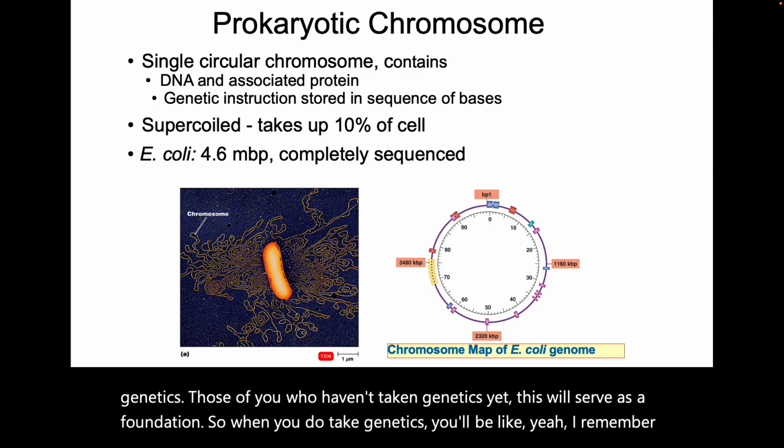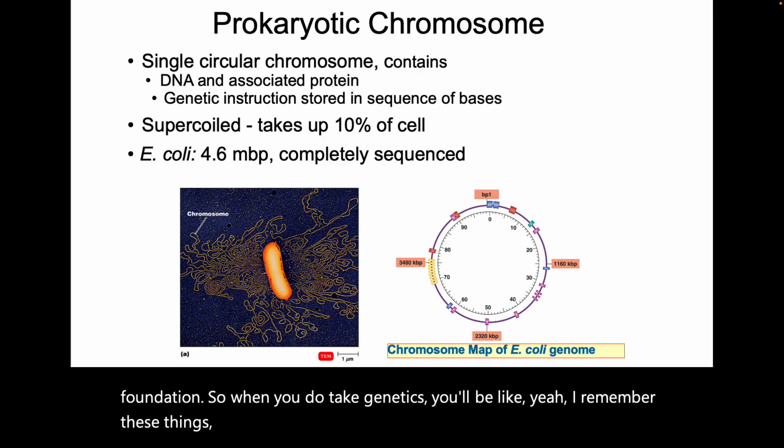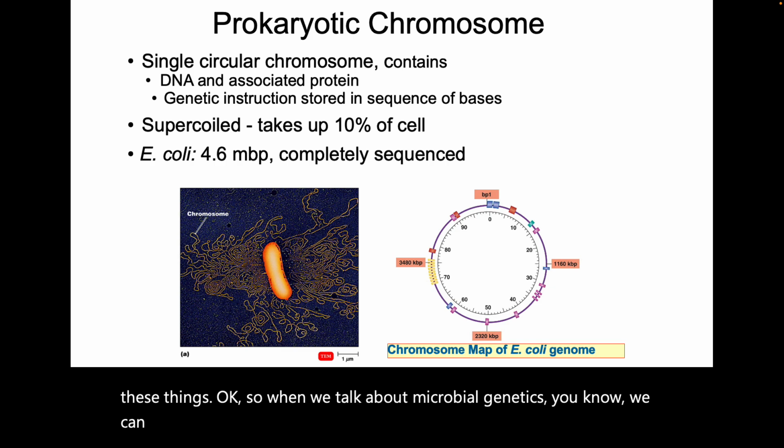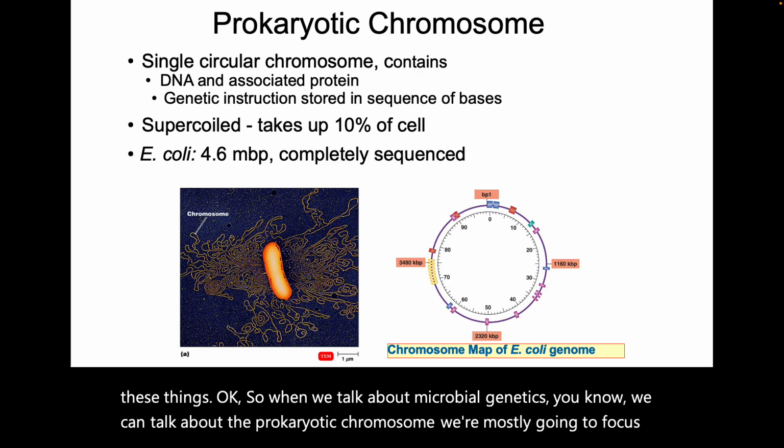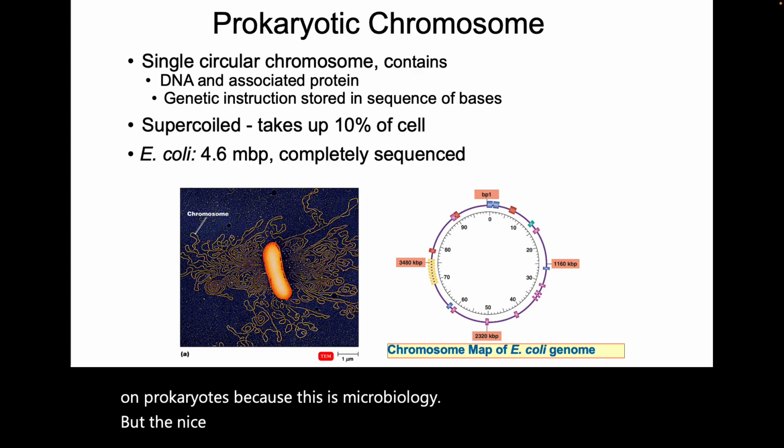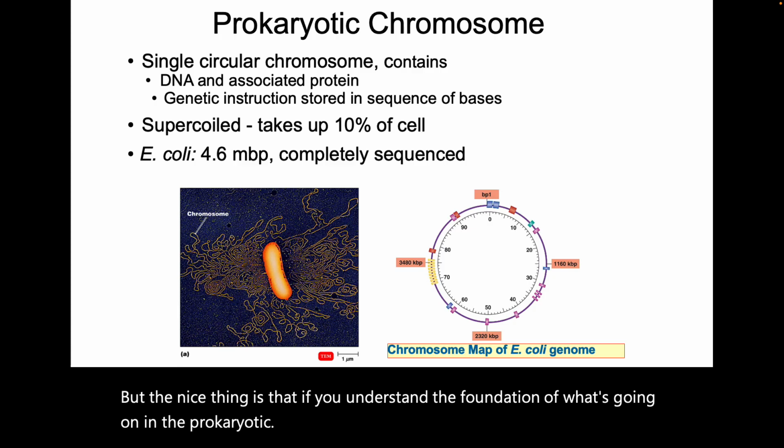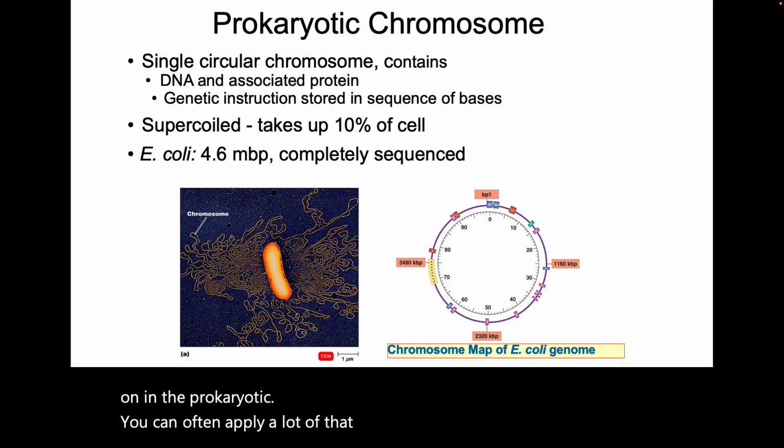Okay. So when we talk about microbial genetics, we can talk about the prokaryotic chromosome. We're mostly going to focus on prokaryotes because this is microbiology. But the nice thing is that if you understand the foundation of what's going on in the prokaryotes, you can often apply a lot of that to what happens in the eukaryotes. We do things very similarly.